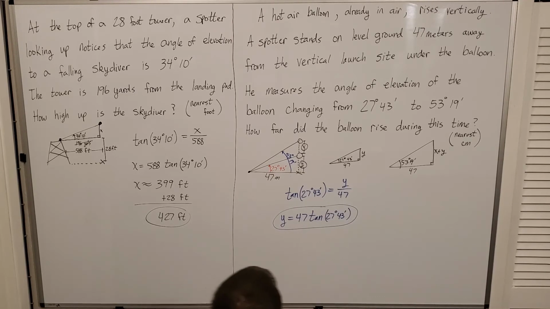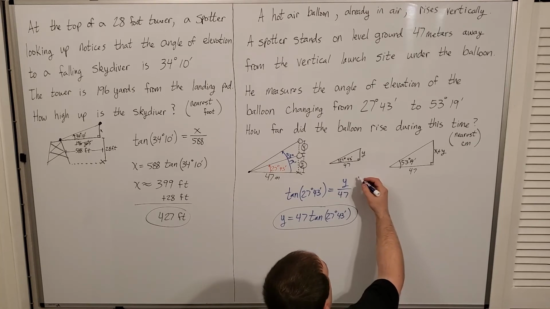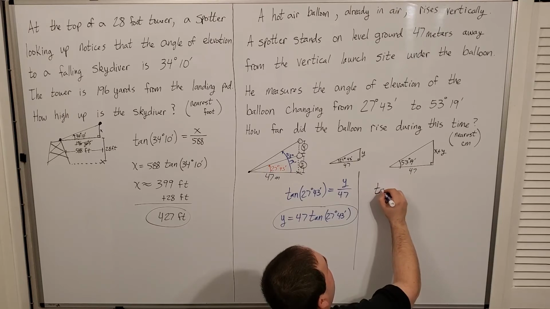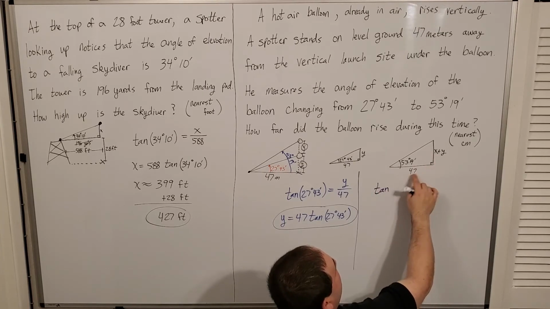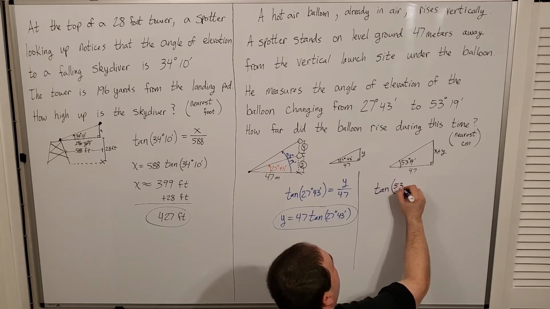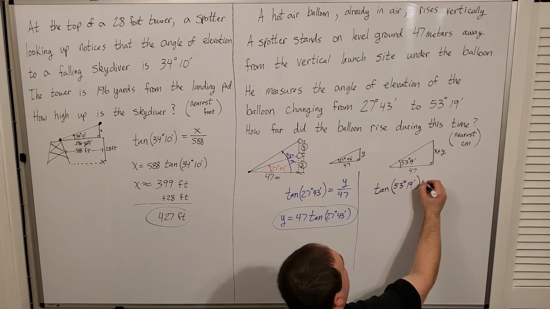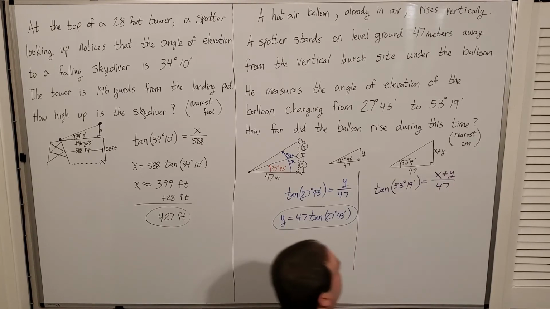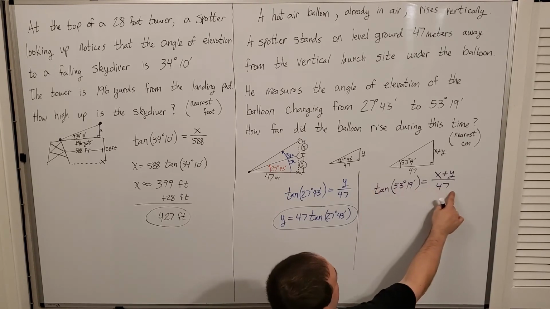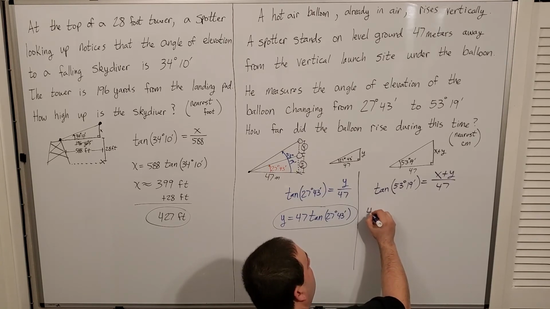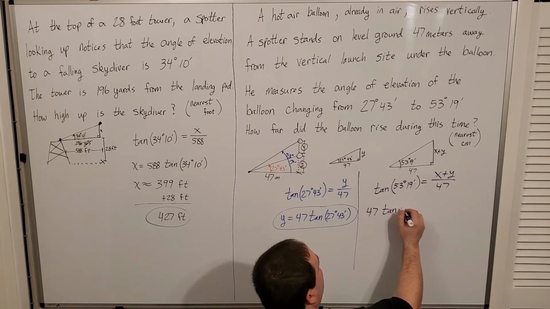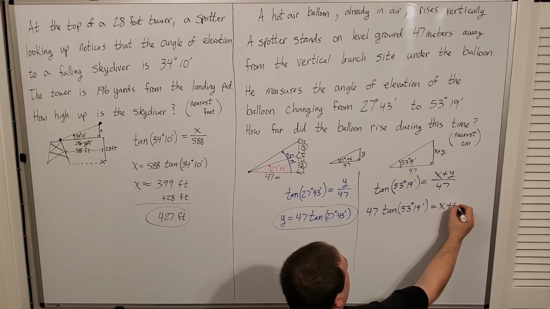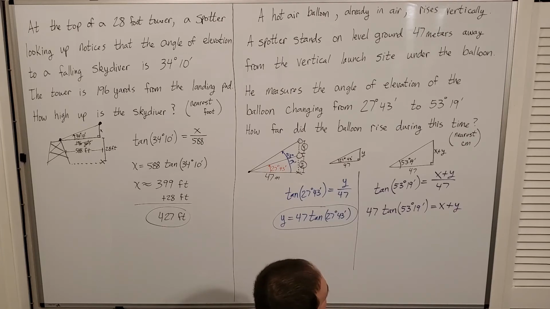Now I have the tangent. Notice it's still opposite and adjacent. The tangent of 53 degrees 19 minutes is equal to x plus y over 47. Again, I multiply both sides by 47, and I have x plus y is equal to 47 times that tangent.